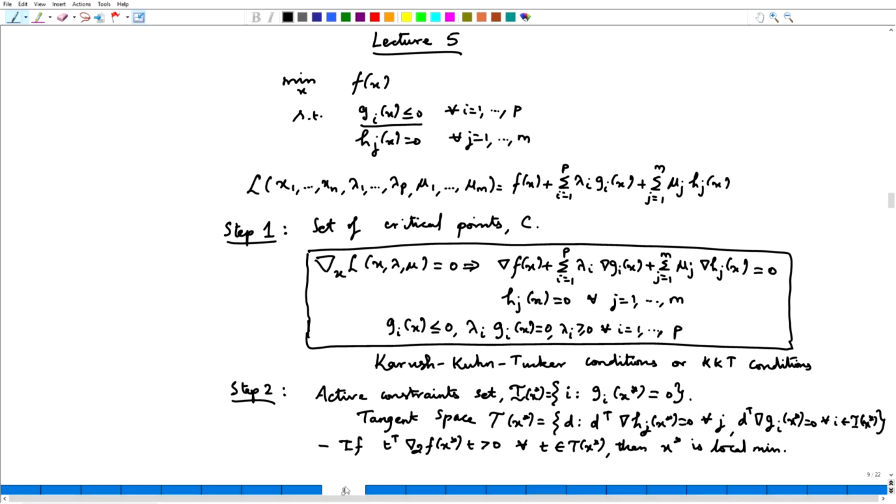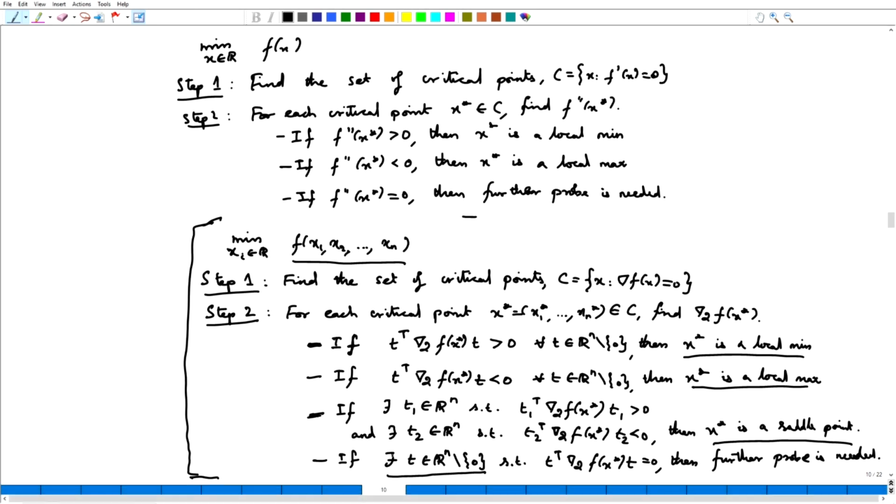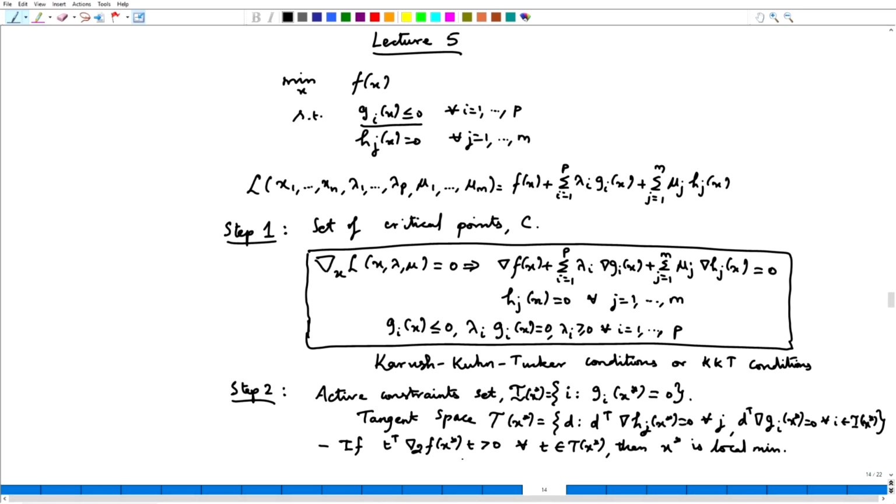There, you are considering every non-zero t, and sometimes the zeros as well if required. But here you are considering only those vectors t that are in the tangent space T of x star. You do not need to consider the other directions.